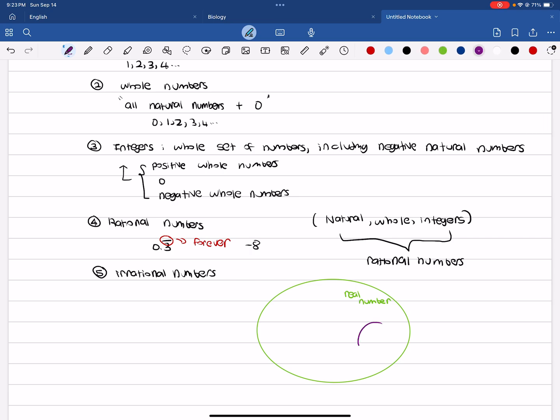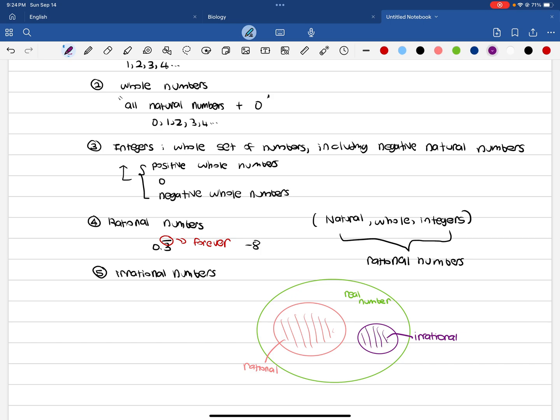Purple. Okay, sure. Irrational numbers are over here. Then rational numbers would be over here. So they're in different areas, but they're both still real numbers.